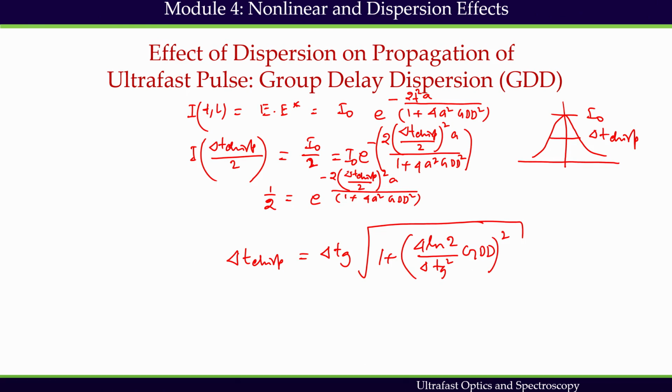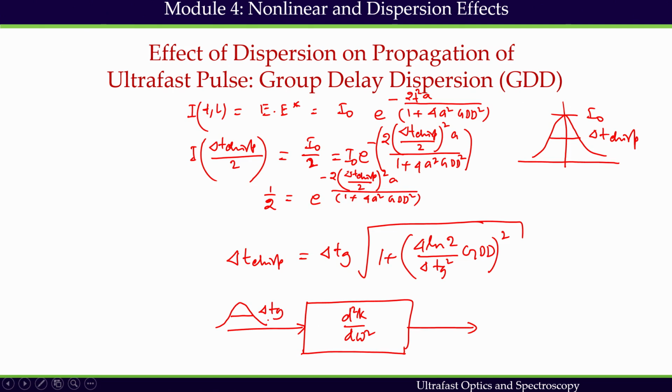So what we write down here is that if we have a medium and this medium is introducing this second order spectral phase, that is d2k d omega 2, and if I plot the intensity profile of the transformed pulse, which is delta t g, the Gaussian pulse we have considered, then I get an elongated pulse, and this elongated pulse is delta t sharp.